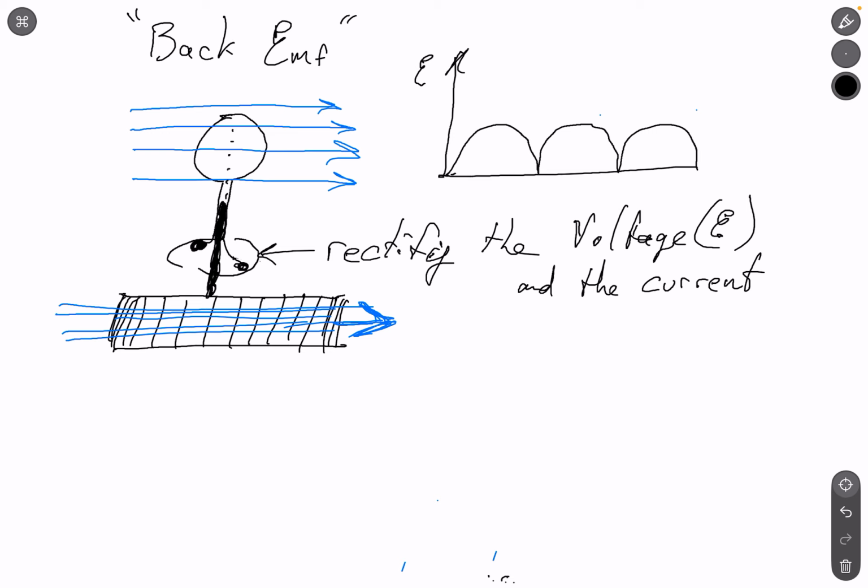So back EMF, okay, because this thing is doing this change, it genuinely wants to create a current that goes backwards if we're using it.